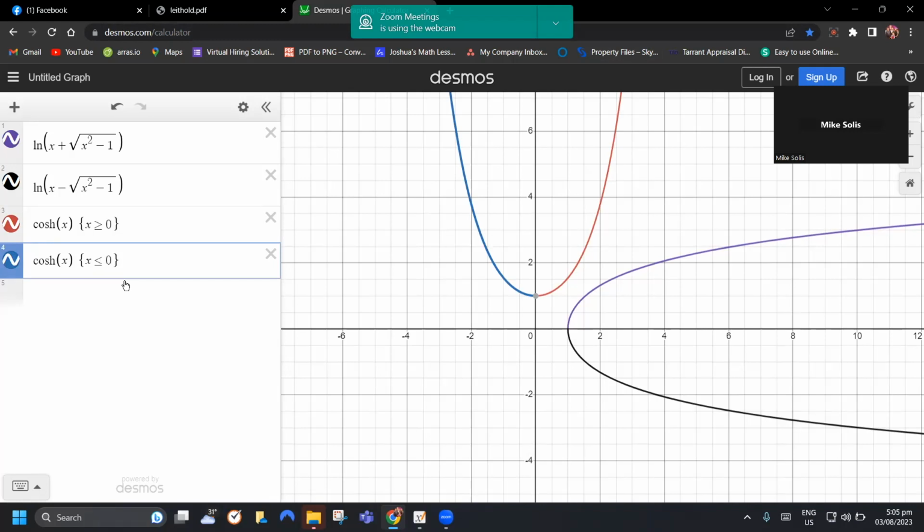Sige, graph mo yung y equals x. Di ba may rule na dapat mirror images of each other yung inverse along y equals x? Dapat po. So graph mo yung y equals x.